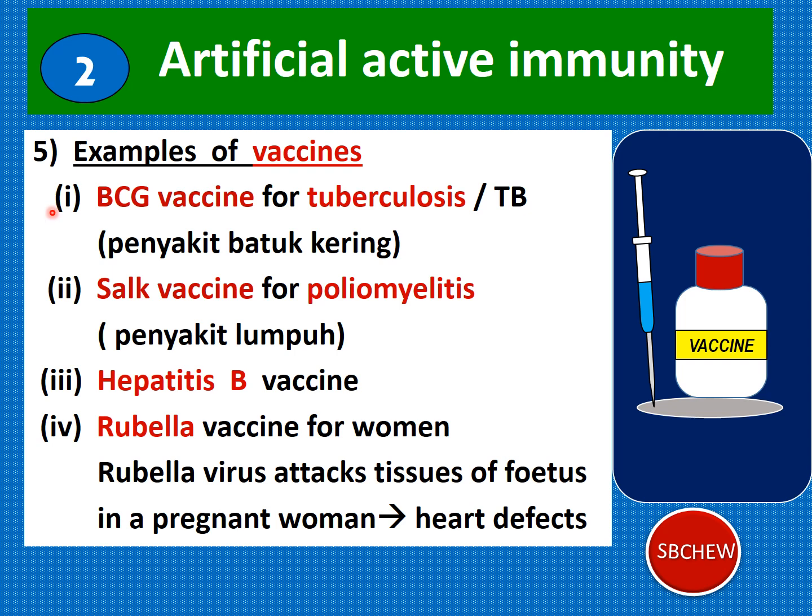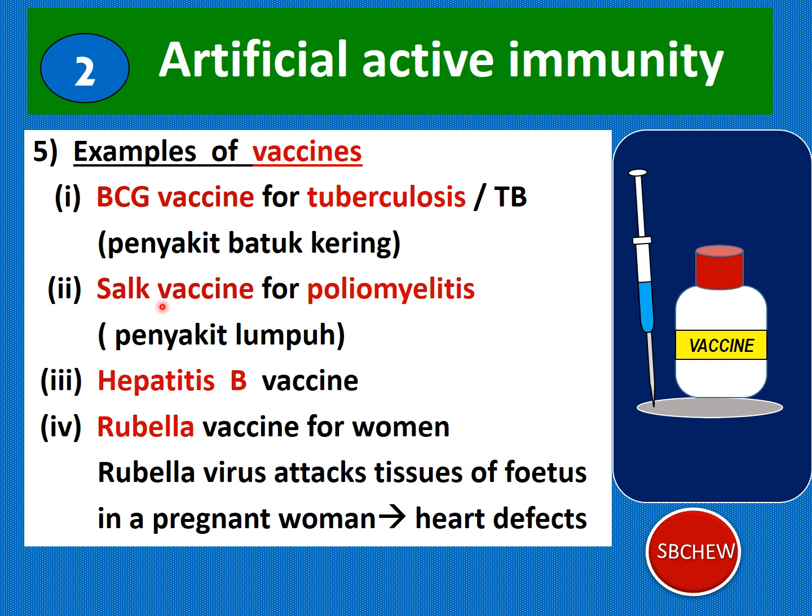So BCG vaccine is for tuberculosis, which is a dangerous lung disease. BCG vaccine is given to newborn babies soon after birth to help protect them from this dangerous disease, tuberculosis, that is transmitted easily by air.